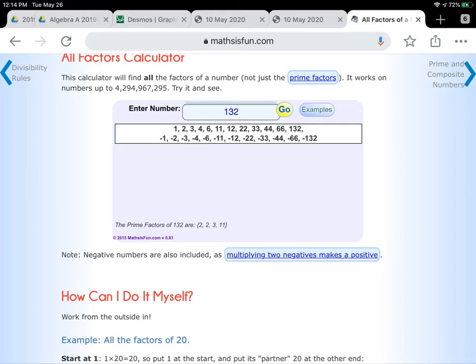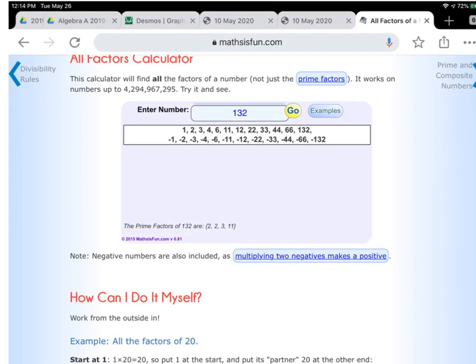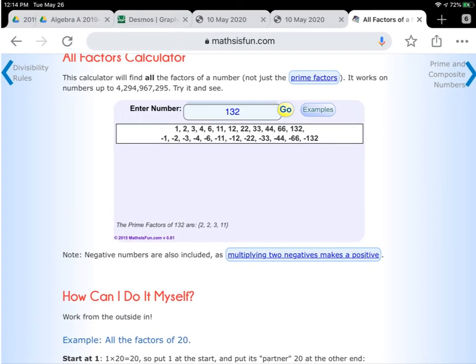So here we have the factors of 132, and looking at the list of positive factors, we're ignoring the negatives. We see 4 on the list, and it's the only perfect square in there. So 132 divided by 4 is 33. 4 times 33. 4 is our perfect square.